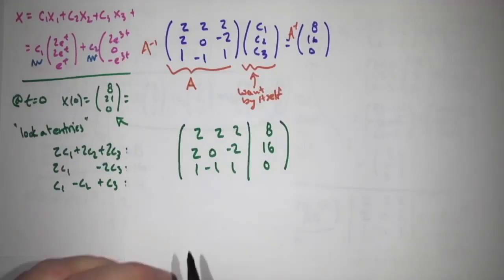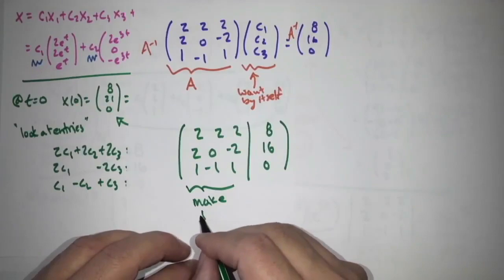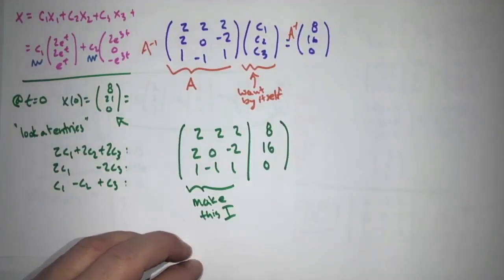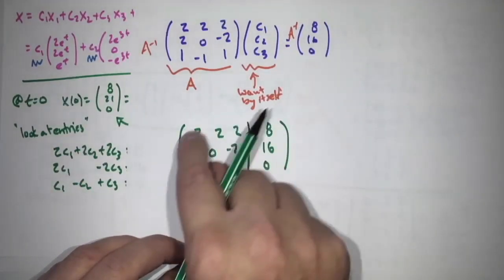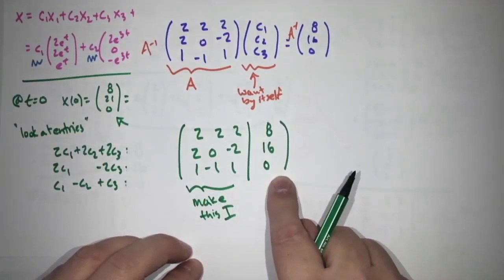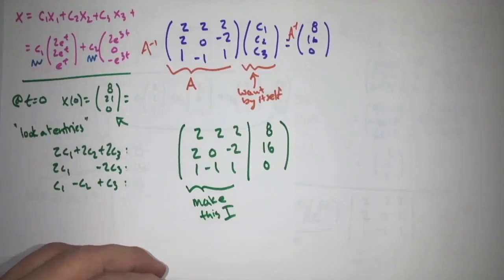And our goal is, make this I. And if we make this part I, we'll get C1, C2, C3. Because the same process that makes this I is what would have us multiplying by the inverse on this side. All right, so in the few minutes we have left, what can we do?